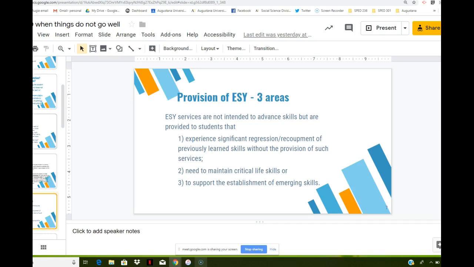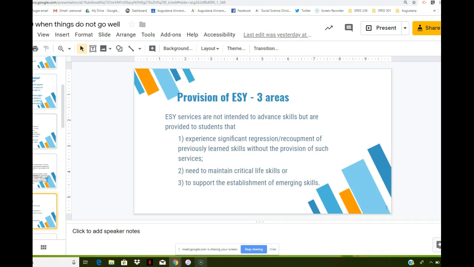If they are just learning some element of self-care, perhaps buttoning and zipping, and they're just getting it, you don't want to stop that therapeutic intervention and have a long break over the summer where they don't practice it, because then they may lose it. Or again, the establishment of emerging skills. If they're just starting to present with a skill set or a sound that you've been working on, you want to maintain that over the summer so they don't lose it.